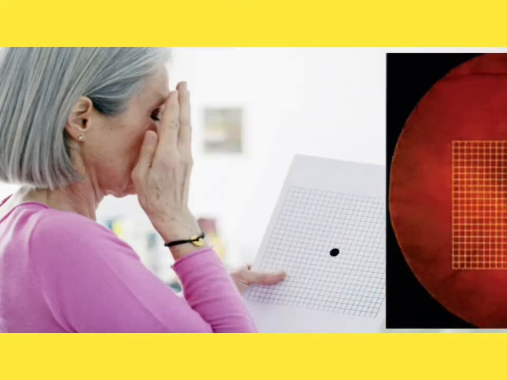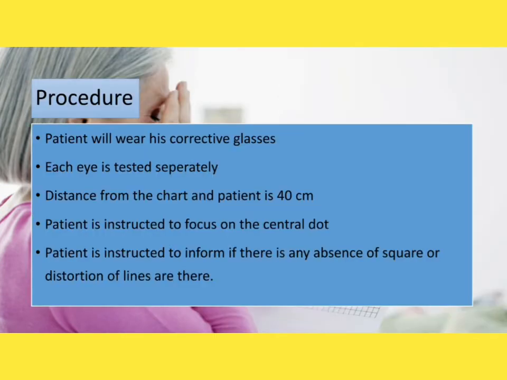Is there any type of abnormality here? You will instruct the patient to inform you, and depending on the patient's response, you will need to diagnose what the problem can be.